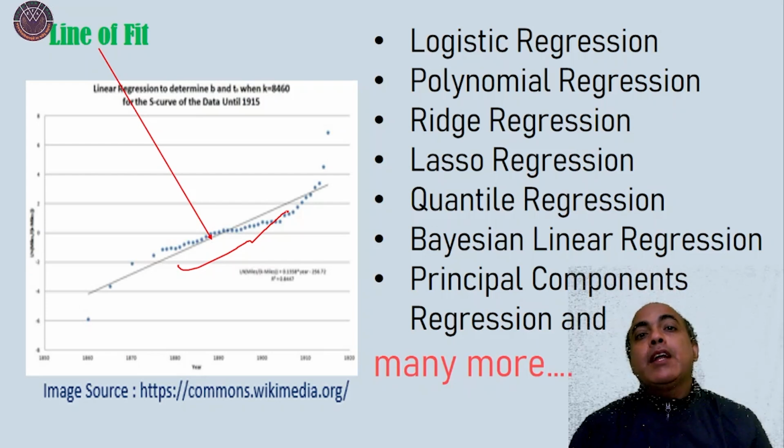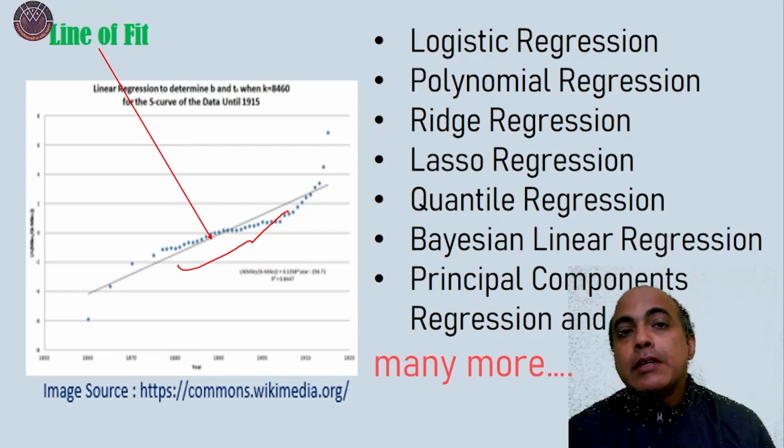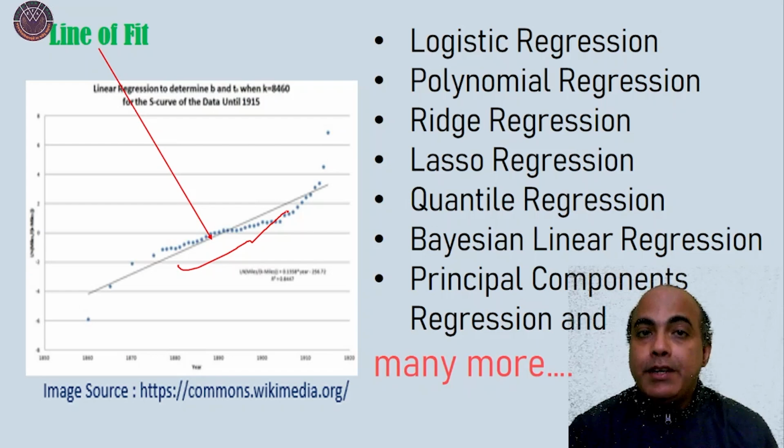But when there are two or more independent or predictive variables involved, then it is called multiple linear regression.